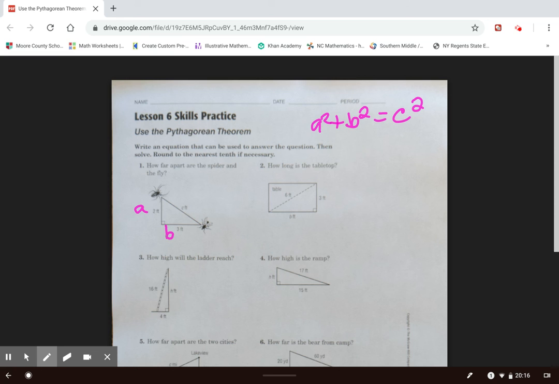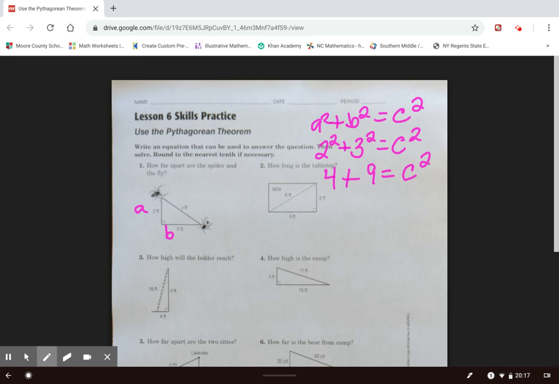So that's going to be 2 squared plus 3 squared equals c squared. So 2 squared, that's 2 times 2, which is 4, plus 3 squared, which is 3 times 3, and that's going to be 9. And all of that equals c squared.